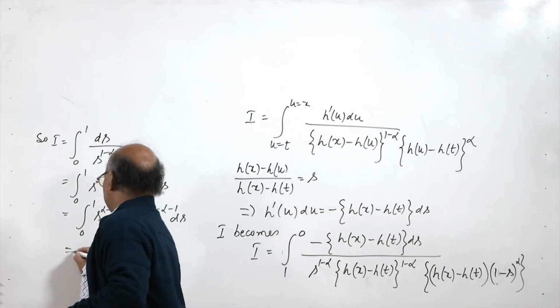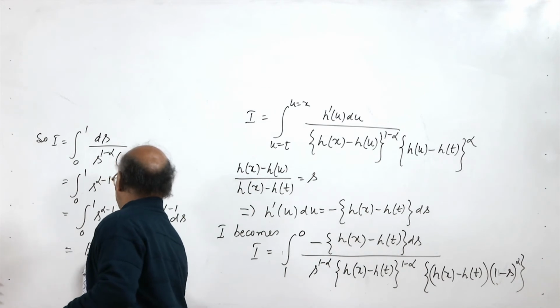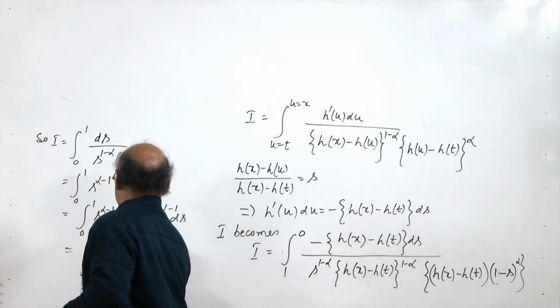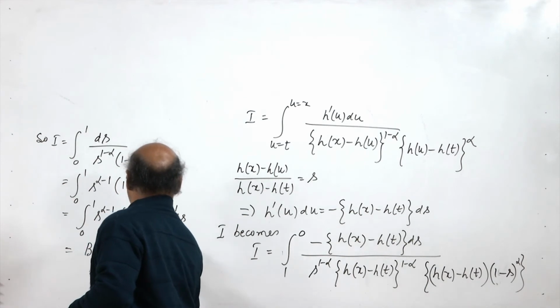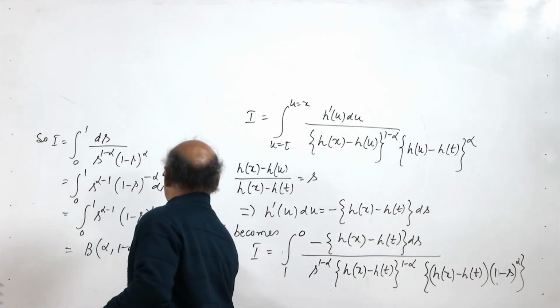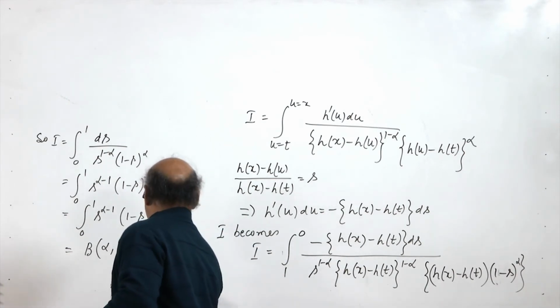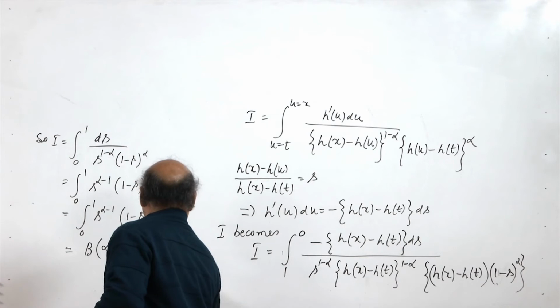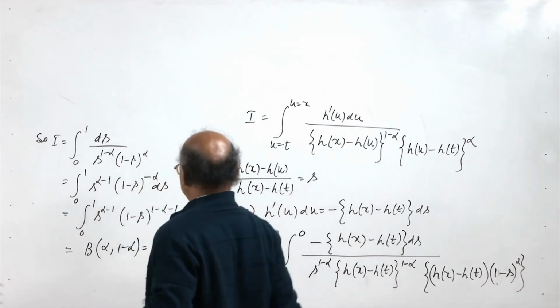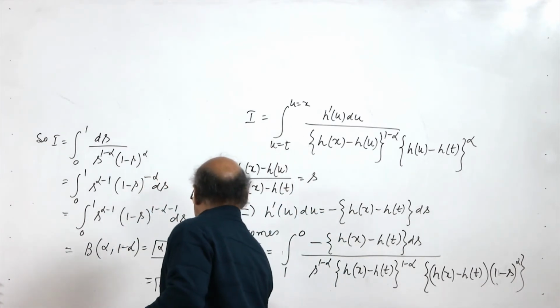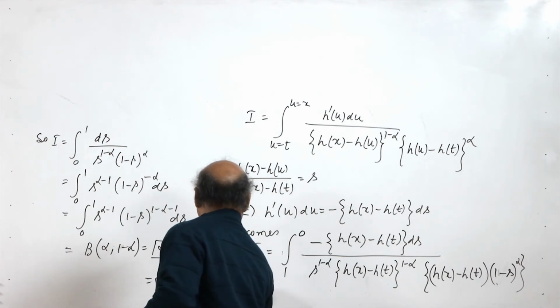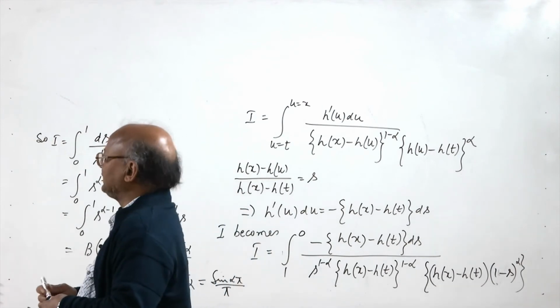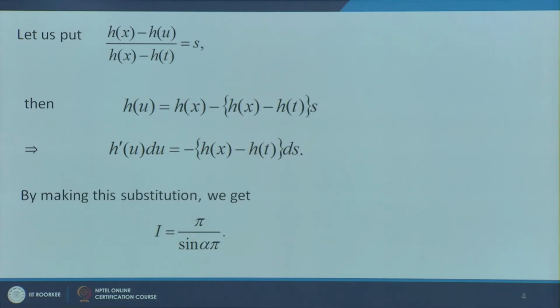So, we get it as beta function alpha, 1 minus alpha, and this is gamma alpha gamma 1 minus alpha divided by gamma 1. Gamma 1 is equal to 1, so it is gamma alpha gamma 1 minus alpha, but 0 is less than alpha less than 1, so this is sin alpha pi divided by pi. So, we get the value of I as pi over sin alpha pi.